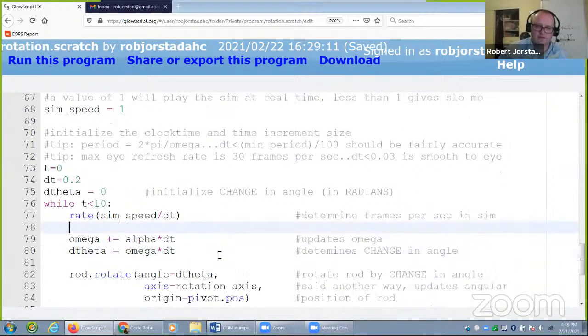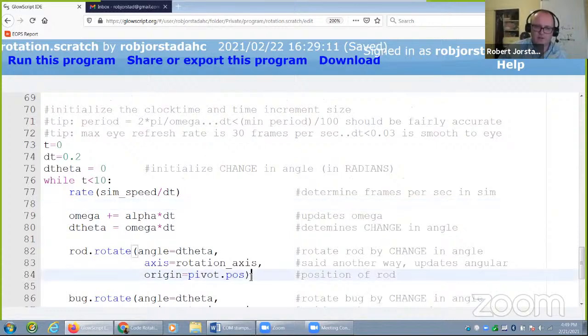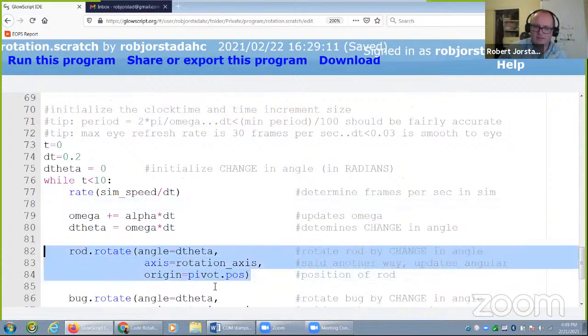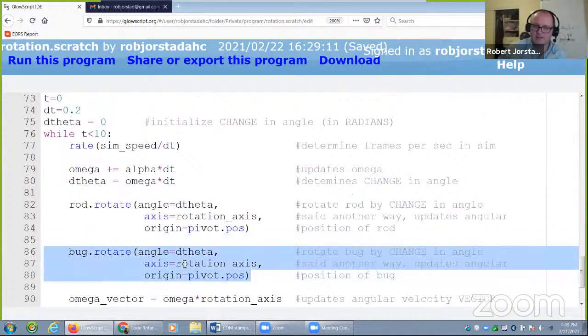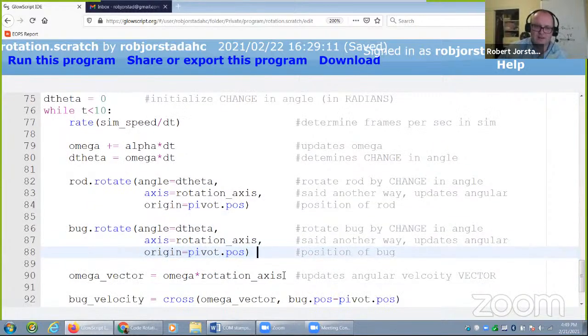So when I go into here, I'm going to rotate the rod about this angle, and then I'm going to rotate the bug about that new angle. We already have our new value of omega. Cool. So then I don't need to get the value of theta, right? I got the value of d theta and use that to update the positions of everything on the screen.